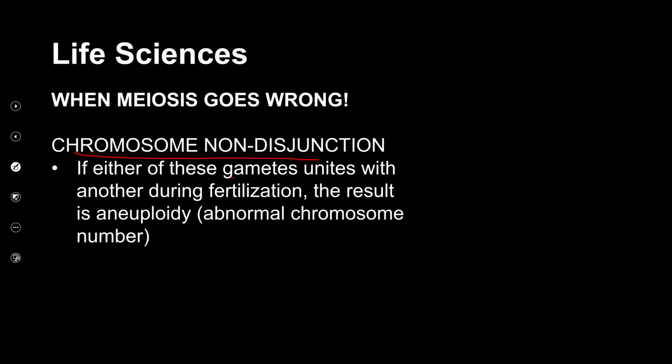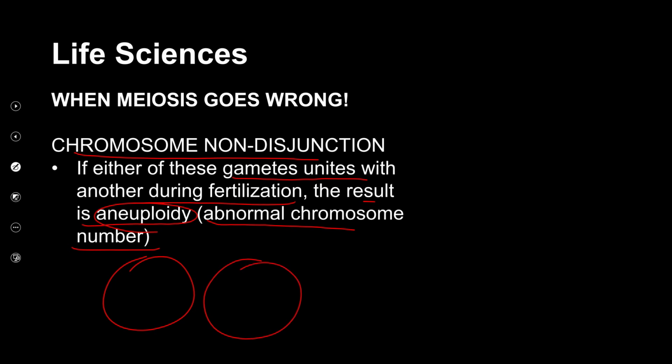If either of these gametes then unite with another gamete during fertilization, this will result in a cell that is aneuploid, or having an abnormal number of chromosomes. So if I were to illustrate that using a human gamete, we know that during the normal process of fertilization, we have 23 from the sperm, 23 from the egg that come together and give you a complement of 46.